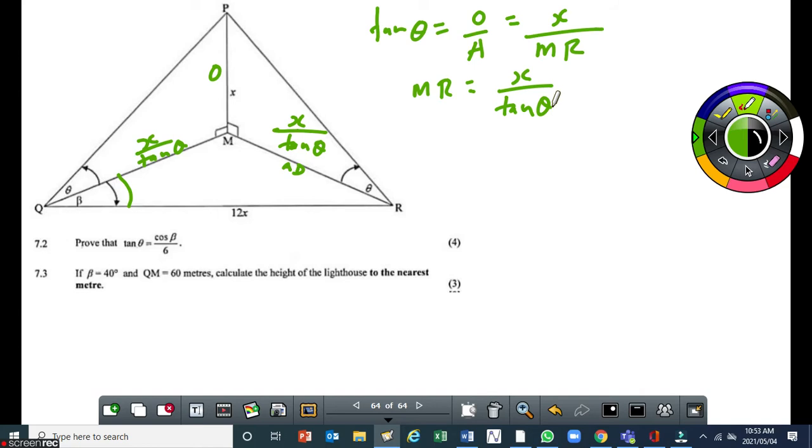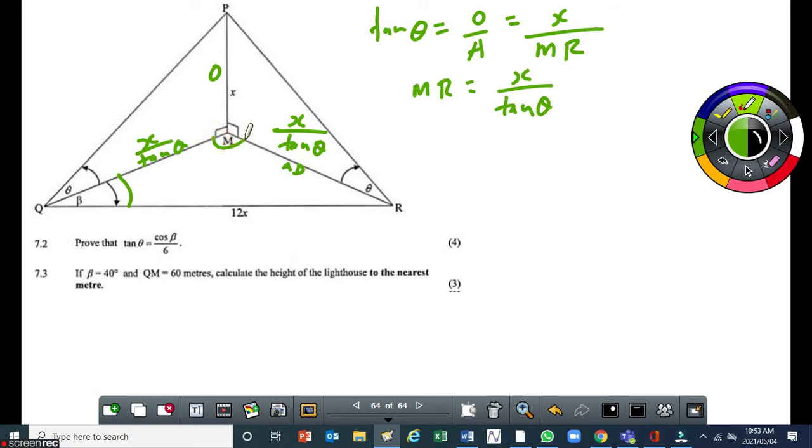But this same line MR here, the length in terms of x and theta is x over tan theta, but I can also get it using beta without using theta. That's one way. If you try to use the sine rule, unfortunately we don't know the size of this angle here.